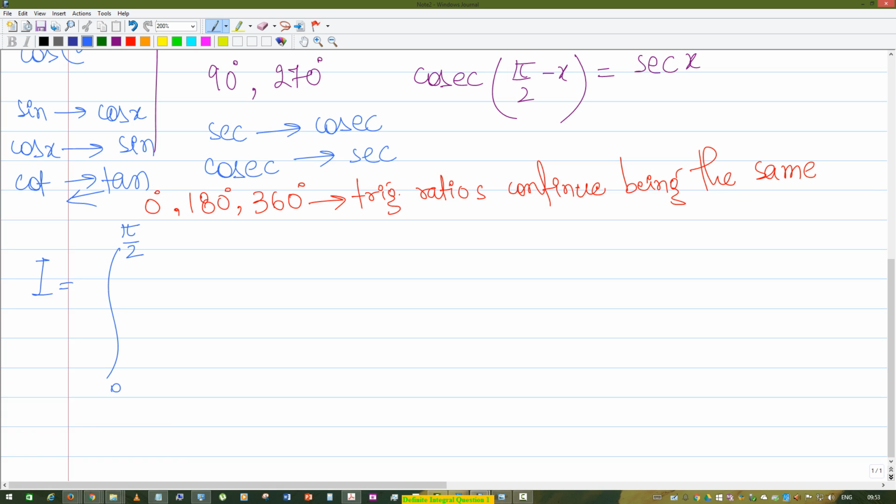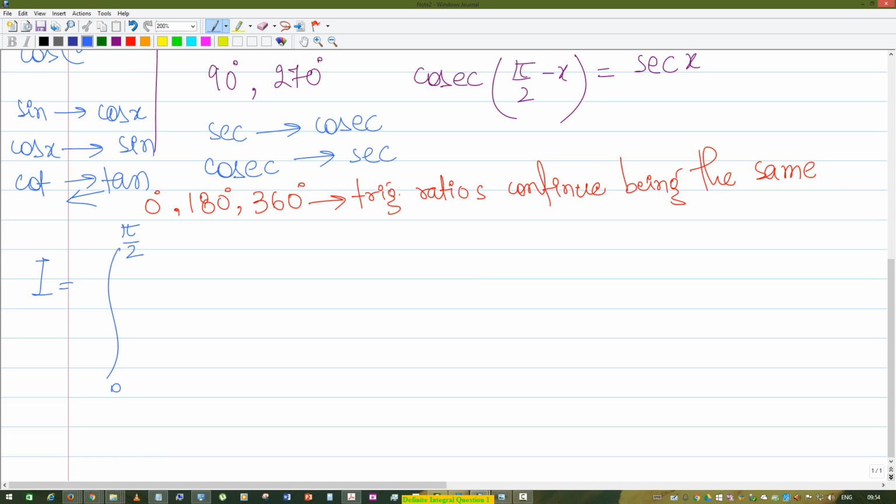We change the limits only when we use parameters such as t, x, or phi. What we have replaced is x by pi by 2 minus x. In the proof we replaced x with a plus b minus x, and now we have changed x with pi by 2 minus x. Both are numbers, so there is no parameter, and we won't change the limits.